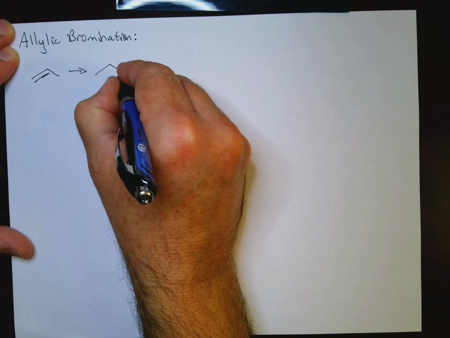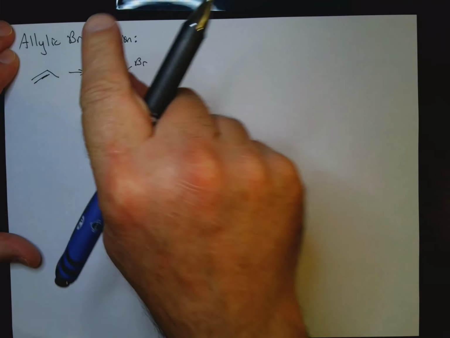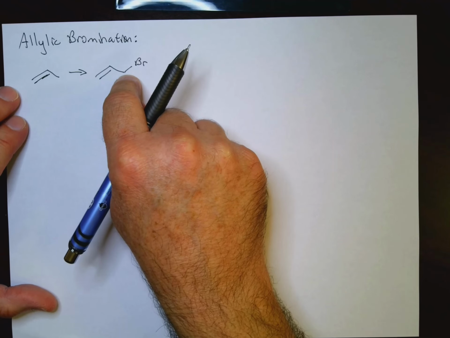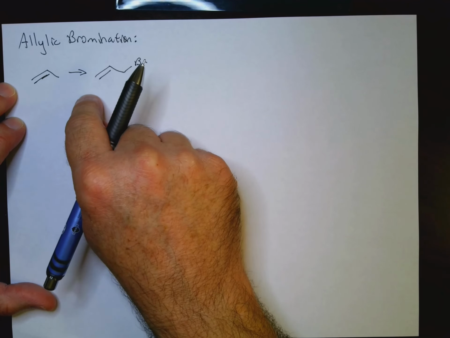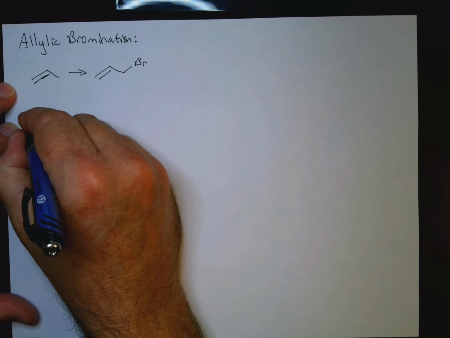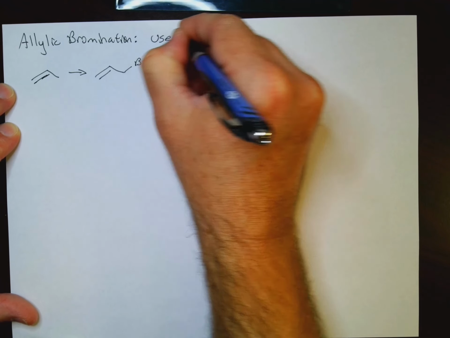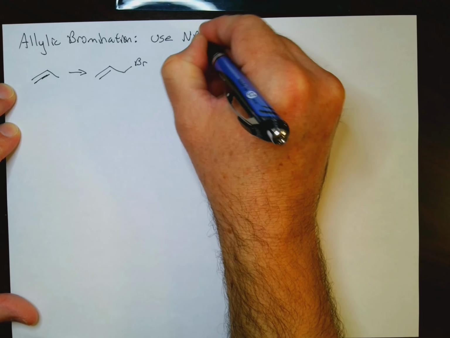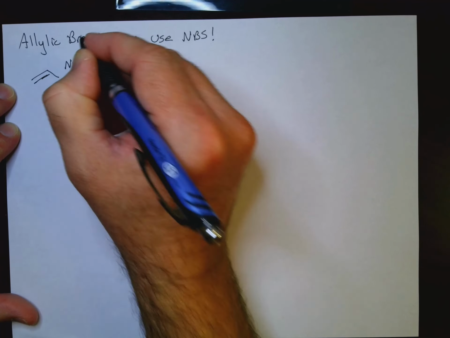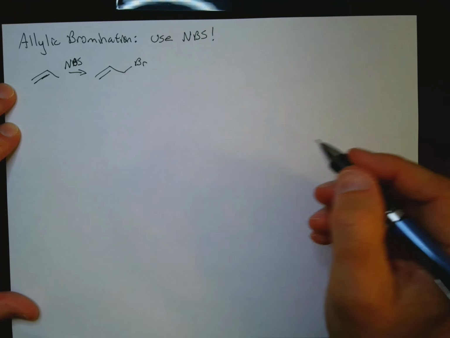We will stick a bromine, and just one bromine, at that carbon in what we call the allylic position. So it's one over from the double bond. Now the reason we do this the way we do, I'm going to just cut to the chase here and say use NBS. So we'll use here NBS, sometimes written as Br2 and NBS.